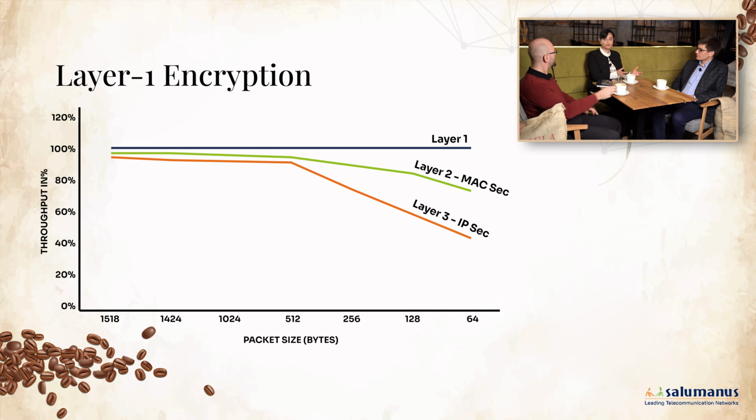Actually, studies have been done, and it has been proven that by applying encryption on layer 1, the customer achieves maximum bandwidth throughput, pretty much 100% throughput and almost zero loss of bandwidth, as compared to MACsec and IPsec. So in fact, it is a very effective thing to apply encryption on layer 1.